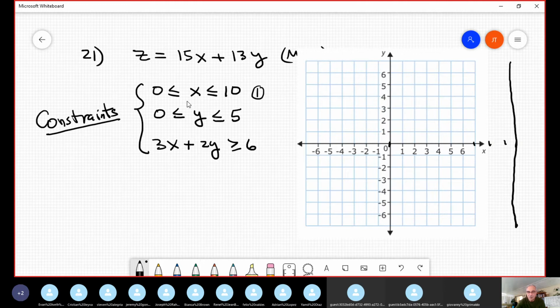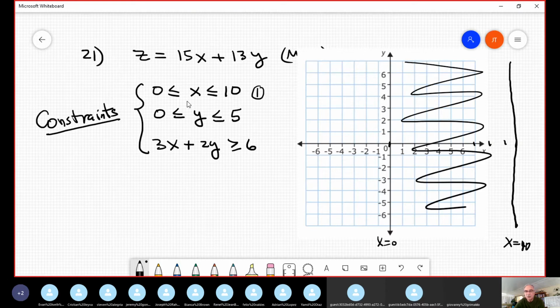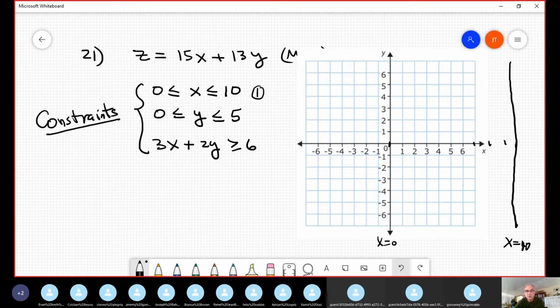I don't want to highlight it, in order not to confuse. This is x equal 10, and this is x equal 0. This is the solution for the first.